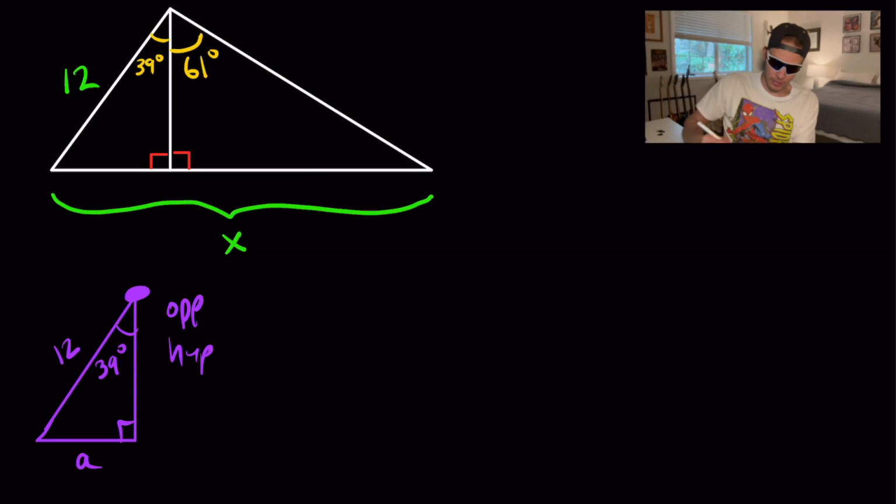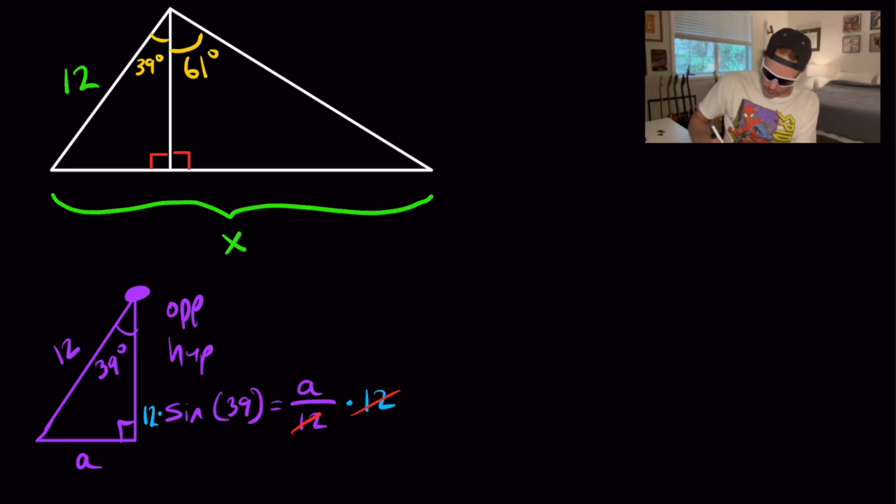Well, that's going to be sine. So we can say that sine of 39 degrees is equal to A over 12. I want to solve for A, so what am I going to do? Well, I'm going to multiply both sides by 12.